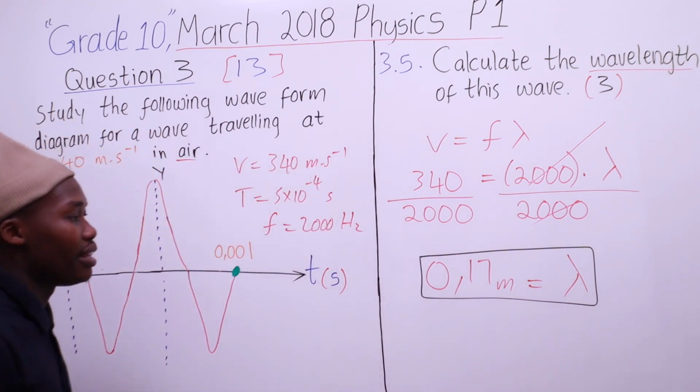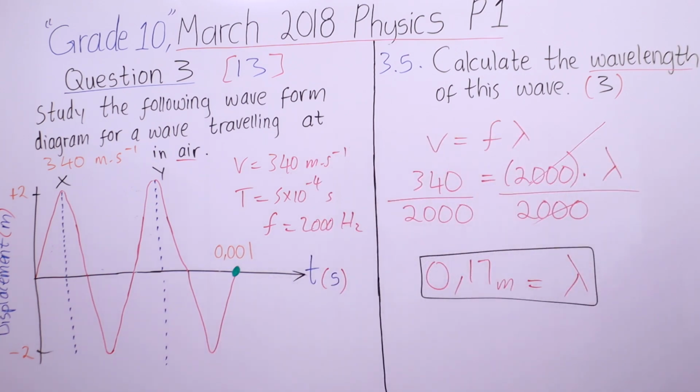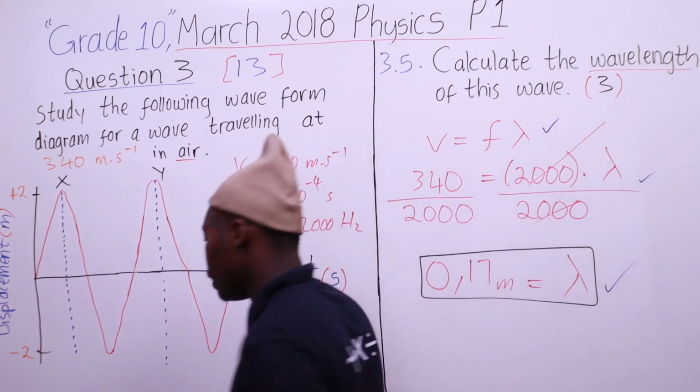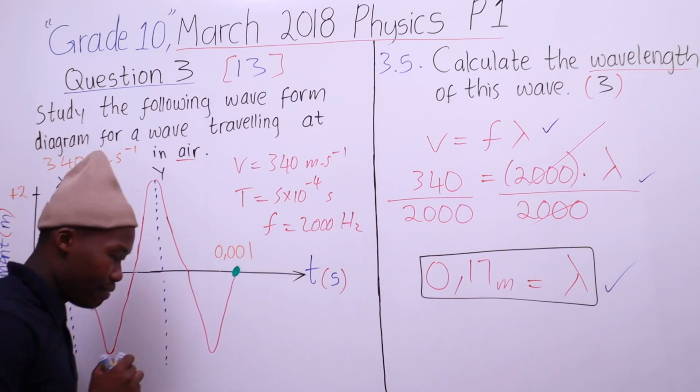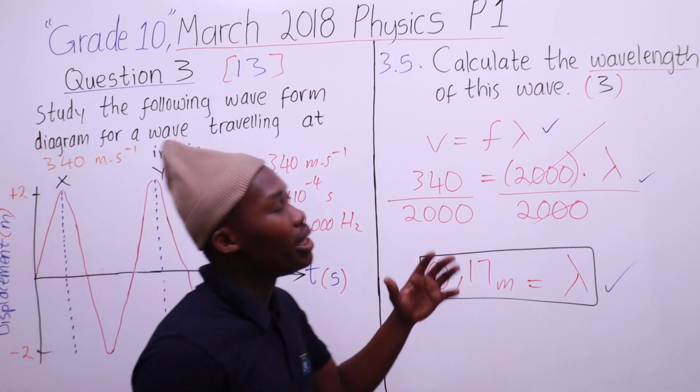So how do we get the 3 marks here? It's very simple here. Correct formula, correct substitution and simplification, and final answer. So labani 3 whole marks. Never 3.5. So you were able to define what is wavelength.